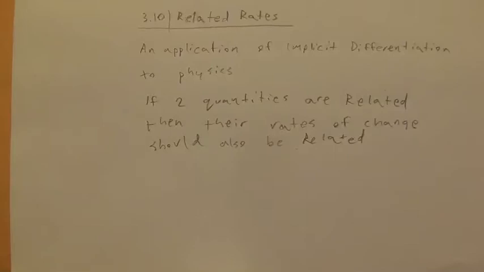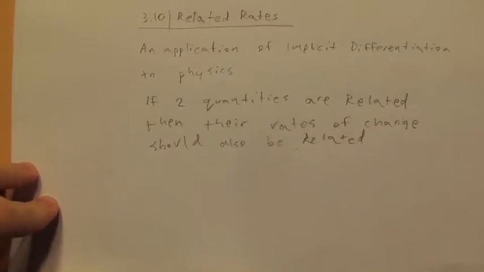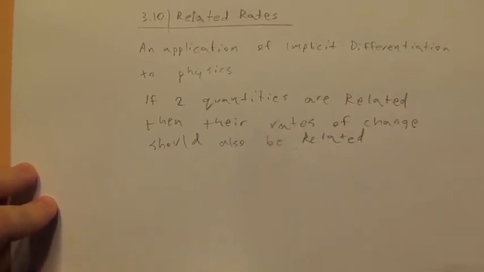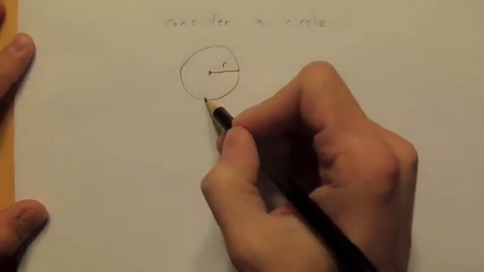An example I like to start with is just a circle. So we have a circle here. Consider this circle with radius r.